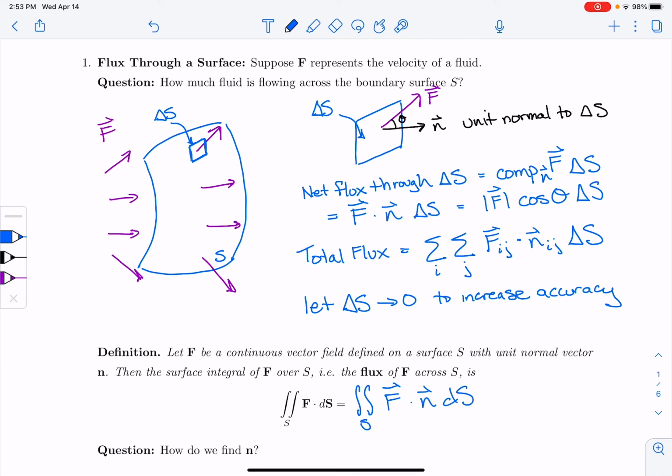So here we're going to let f be a continuous vector field defined on a surface S, and it's going to have a unit normal vector n. So depending on where you are on the surface, there's some unit normal vector n associated with the surface.